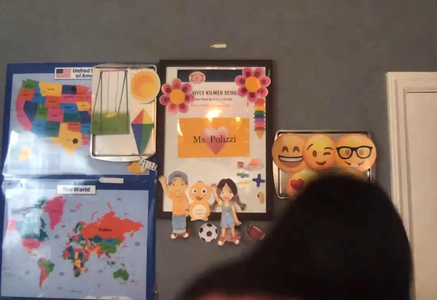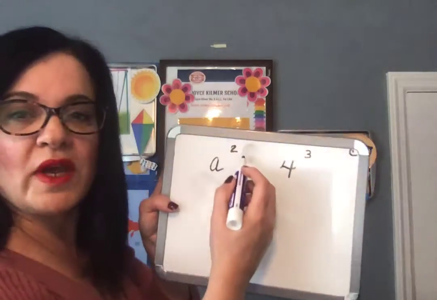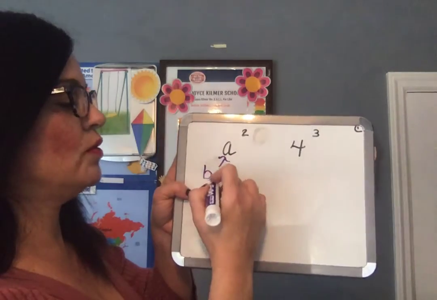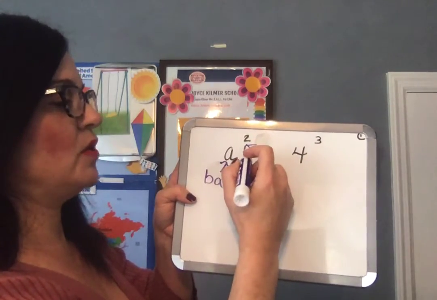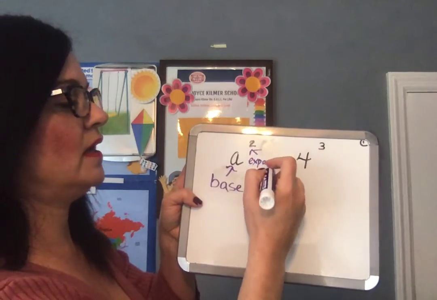Well, the first thing that I want to go over with you is what would an exponent look like? Here you have a squared, or a to the second power. A is called your base, and the 2 is called your exponent, okay?